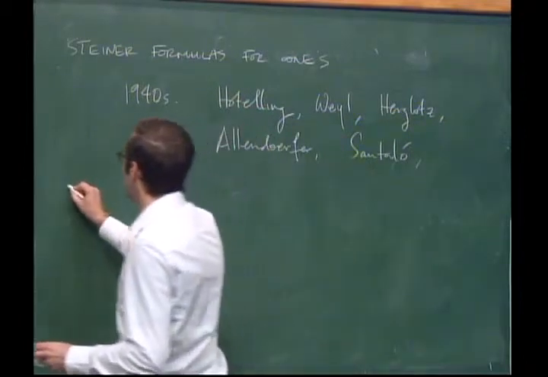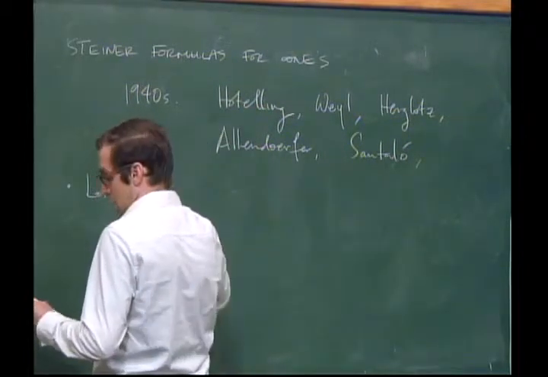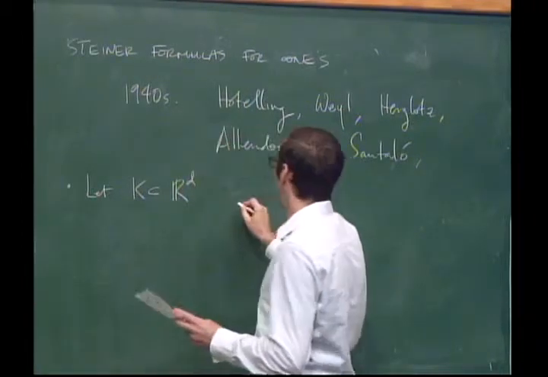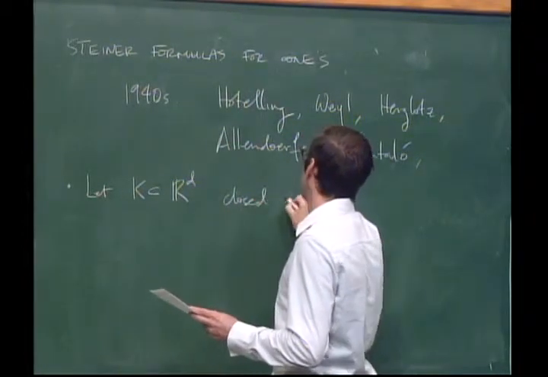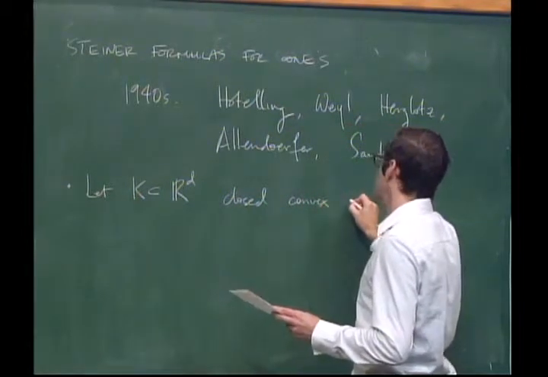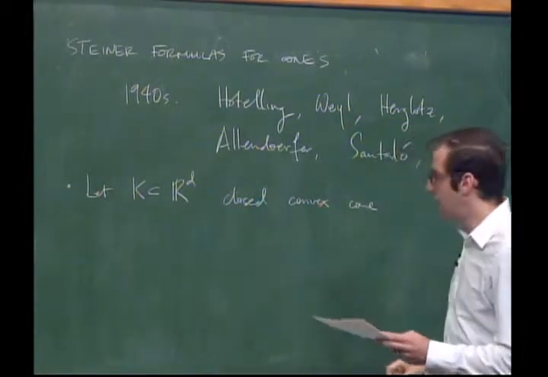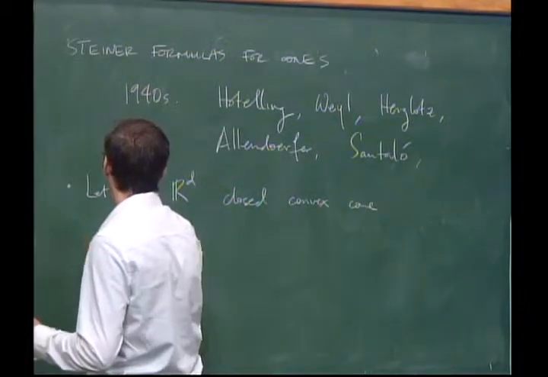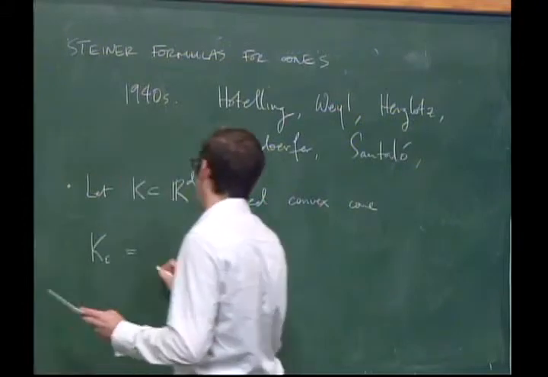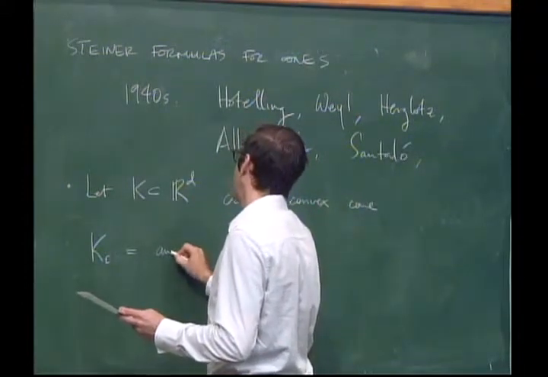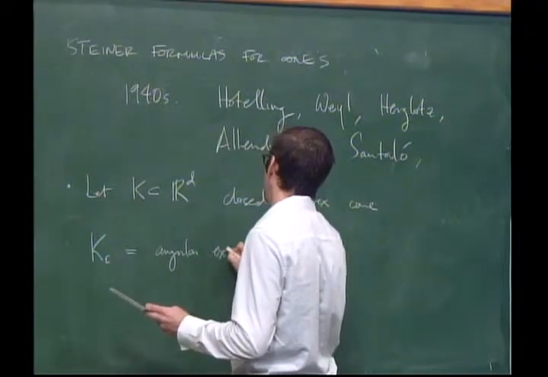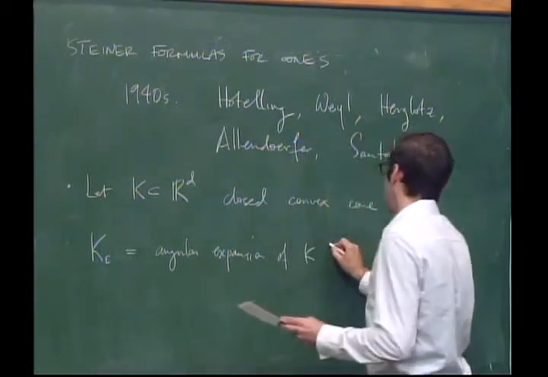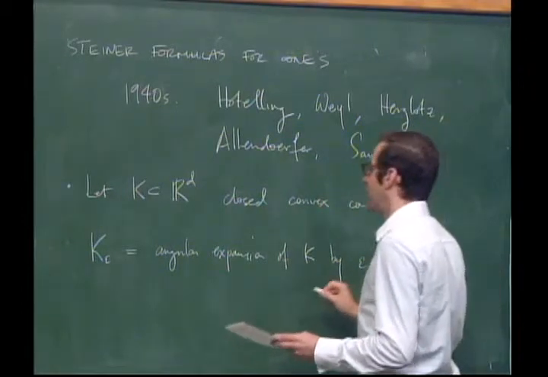So here's how this works. We're going to be interested now in a closed convex cone in R^d. And we'll define K epsilon to be the angular expansion of the cone by the angle epsilon.